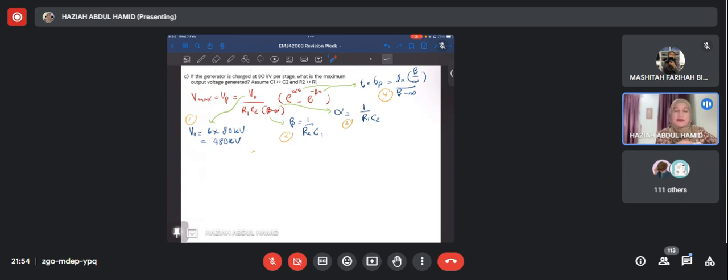But you must be very careful, step yang susah tu ialah bila you masukkan T dalam ni. Okay, you kena careful tekan calculator. Jangan silap tekan calculator. So my advice, calculate lah beta dulu, alpha dulu, and then baru you masuk dalam ni.